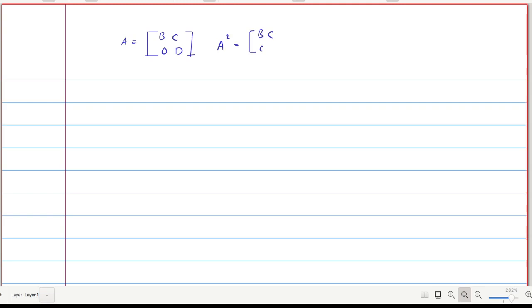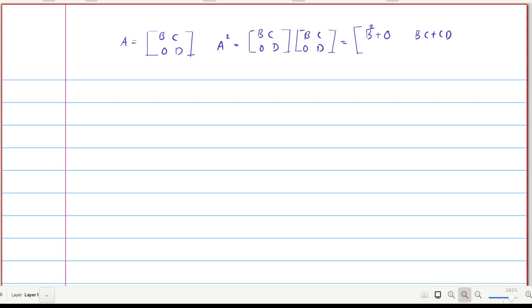Using the product as blocks, when you multiply B, C, 0, D by itself, exactly the same way as in matrix multiplication, we get B times B, that is B square, plus C times 0, that is 0. And the second component is BC plus CD.